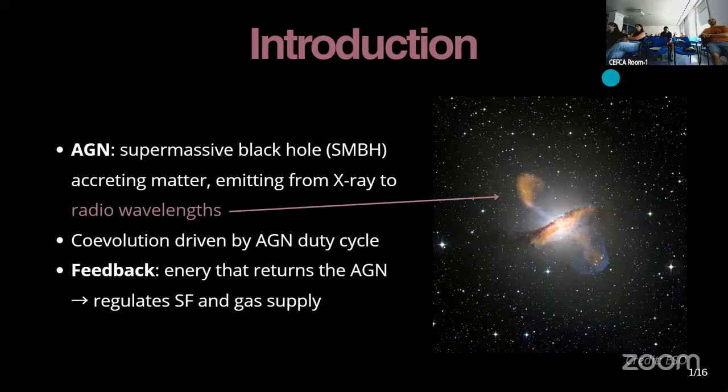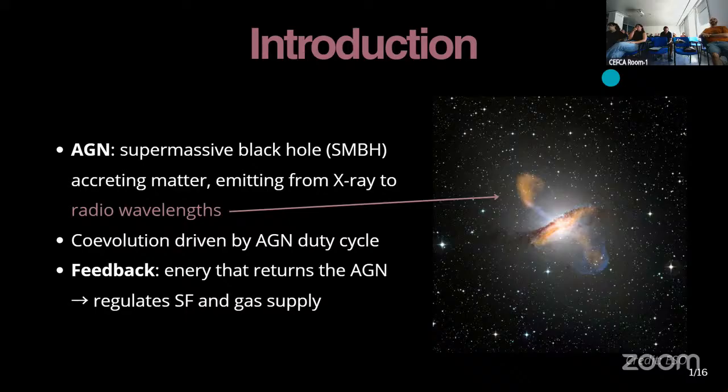AGN were thought to be rare in the past, but now we know that they play a central role in galaxy evolution. This is because the observations have shown what we thought is a coevolution between the host galaxy and the AGN. This happens because of the AGN duty cycle. What is this?